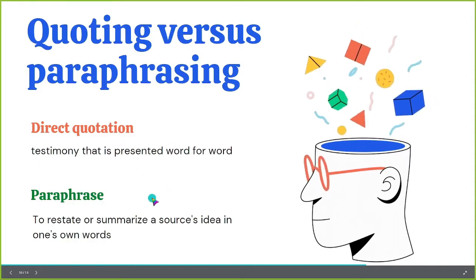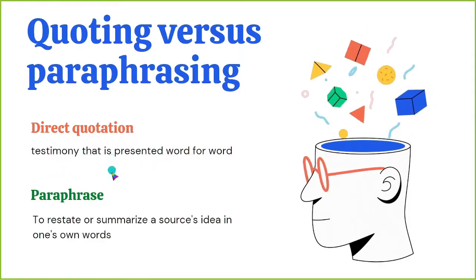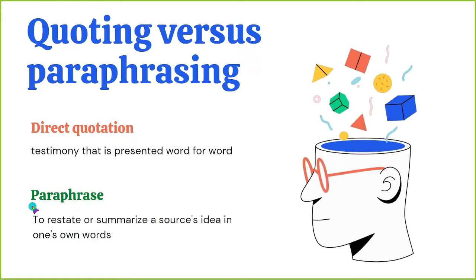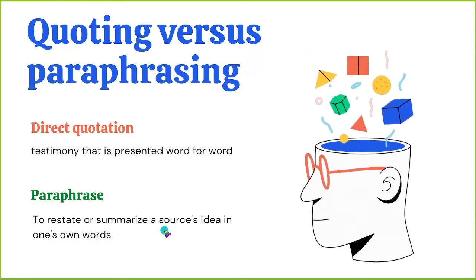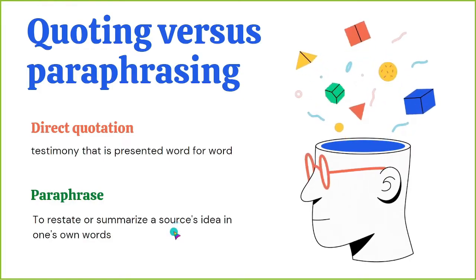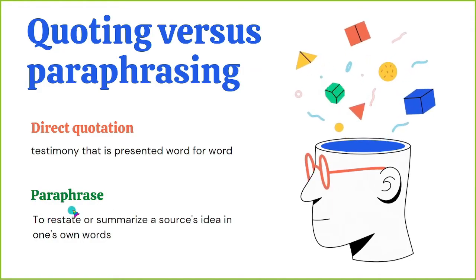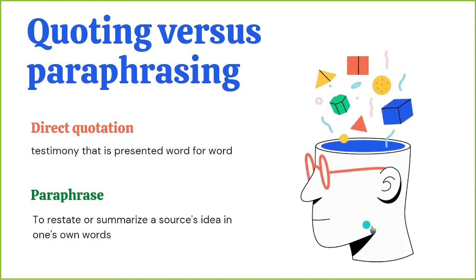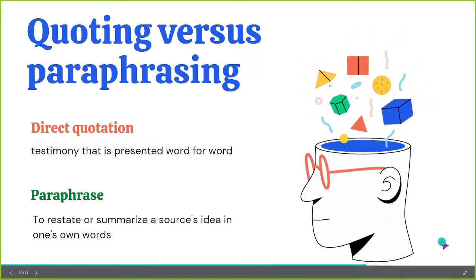When you take a source from the internet, sometimes you can use a direct quotation, but do not use direct quotation in every main point or sub point, because that will be plagiarizing. What you can do is paraphrase it. Put it in your own words and summarize it for people to understand better, and deliver it the way that you want. So please do paraphrase in your outline and in your presentations. So that is quoting versus paraphrasing.